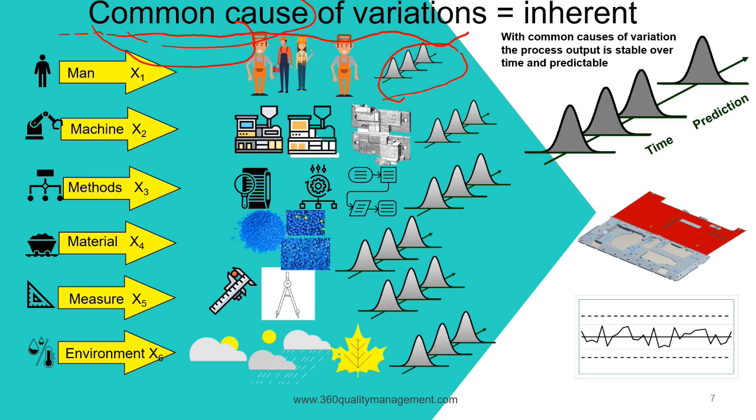For material, there will be a small acceptable variation from batch to batch. For machine, there could be a natural drift or shift from time to time, which is acceptable. And the man that operates within the variations by following the methods, there could be subtle differences. For the measurement process, there is also an acceptable range of variation.